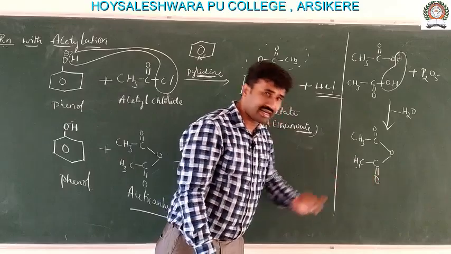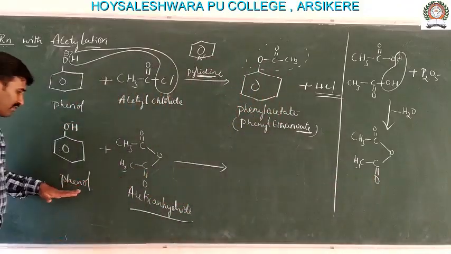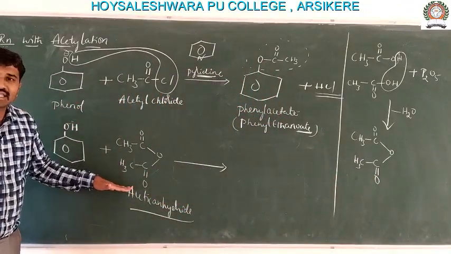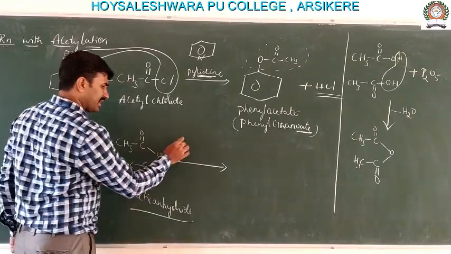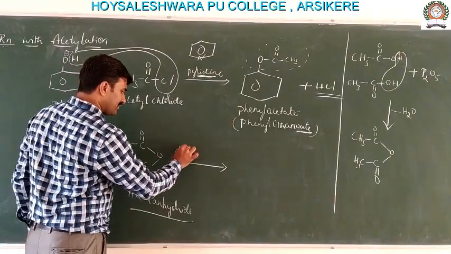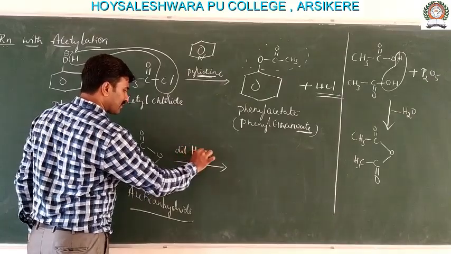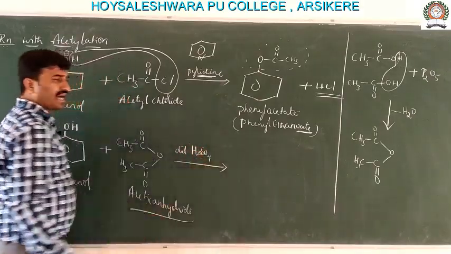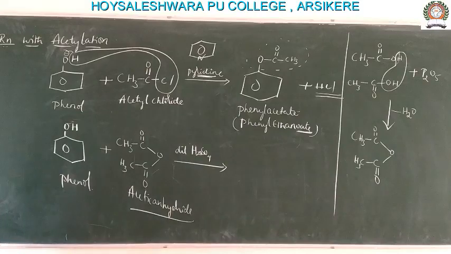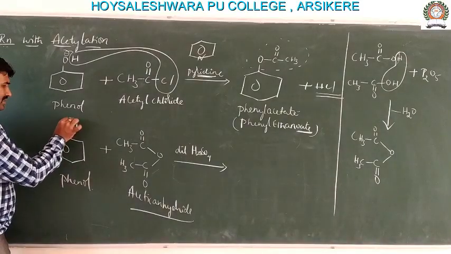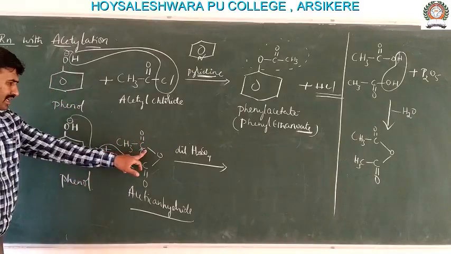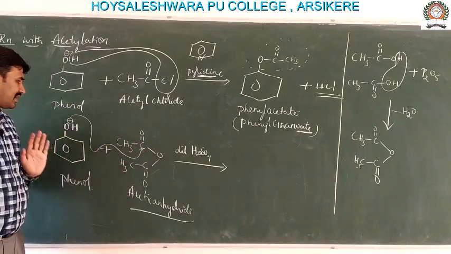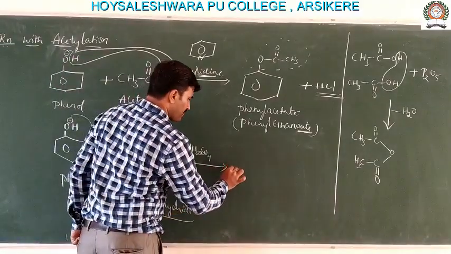See here. So, phenol and this is acetic anhydride, in presence of a catalytic amount of dilute sulfuric acid, that means acidic medium. In acidic medium, see, this attacks either this carbonyl carbon or this carbonyl carbon.